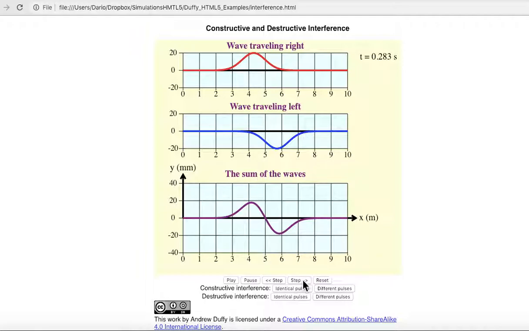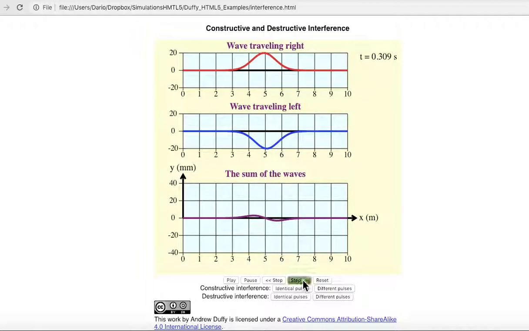In the previous example, at the moment when the two pulses were overlapping, the displacement became twice the displacement of each pulse. At this point, notice that the crest or the maximum or minimum of each individual pulse is reaching x equals 5.